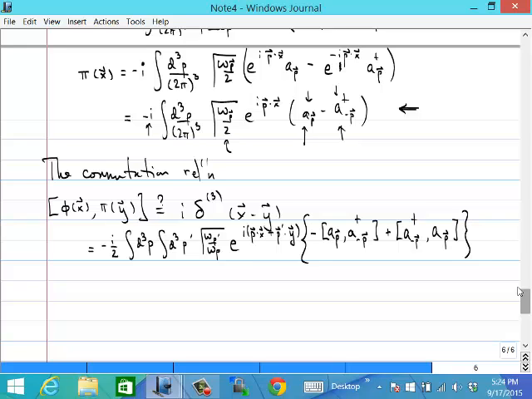Now, of course, we could rearrange this a little bit and write that as minus 2 times the commutator of AP with A minus P dagger. So you see that the commutation relation of phi with pi is very simply related to the commutation relation of A with A dagger.